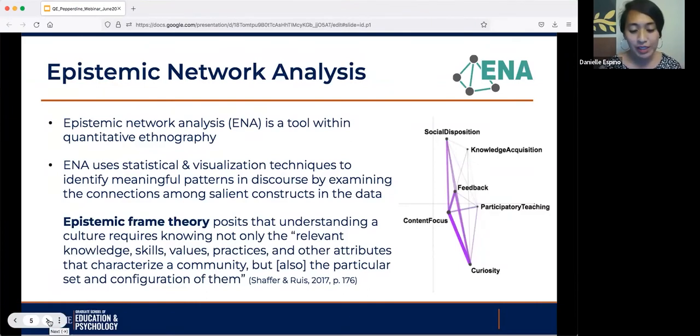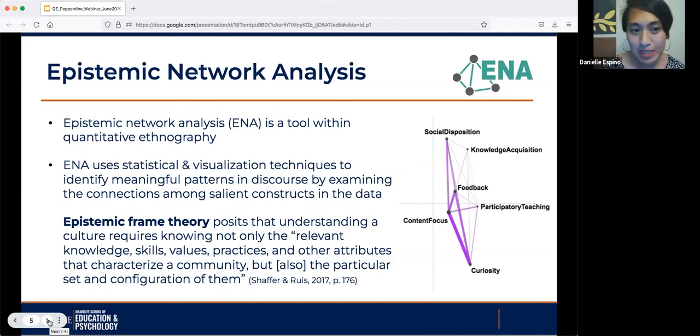How we do that is through epistemic network analysis, which is a specific way of operationalizing quantitative ethnography. So I want to clarify. QE, or quantitative ethnography, is the concept and methodological approach of applying quantitative techniques to qualitative data, and epistemic network analysis, or ENA, is a go-to way of operationalizing this approach.